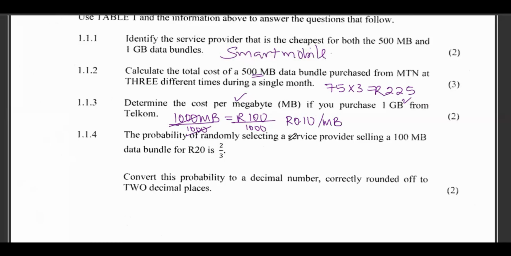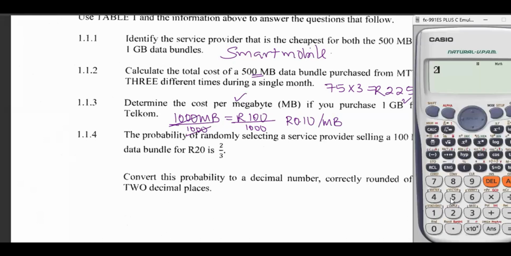The probability of randomly selecting a service provider selling a 100 MB data bundle for 20 rand is 2 out of 3. Convert the probability to a decimal number correctly rounded off to 2 decimal places. Here we bring in your calculator. Just press 2 over 3, press equals. It's this much. We want decimal places, so this simply means it's recurring.